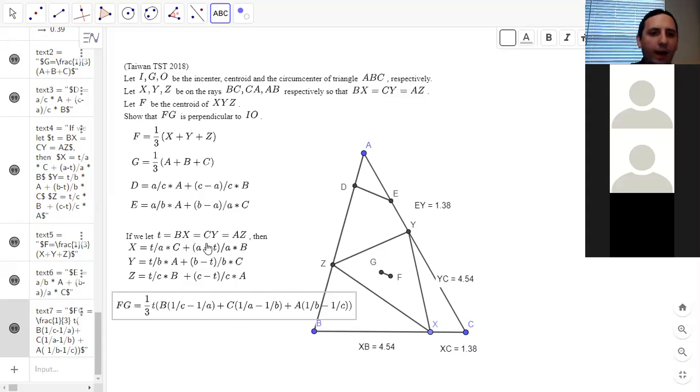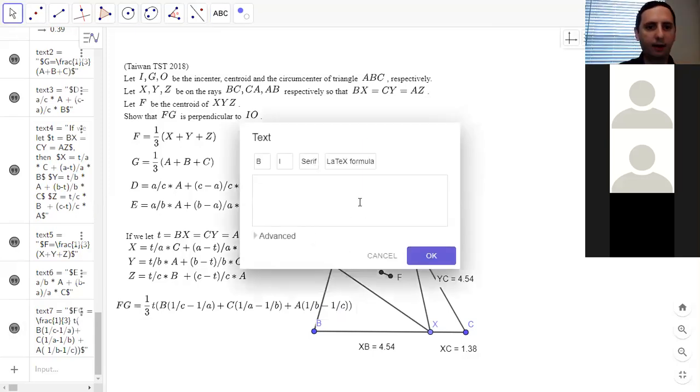So maybe we could factor an A out of this. If we take DE and divide it by A, here you can see the A times the 1 over B minus the 1 over C. I think we're really close here.